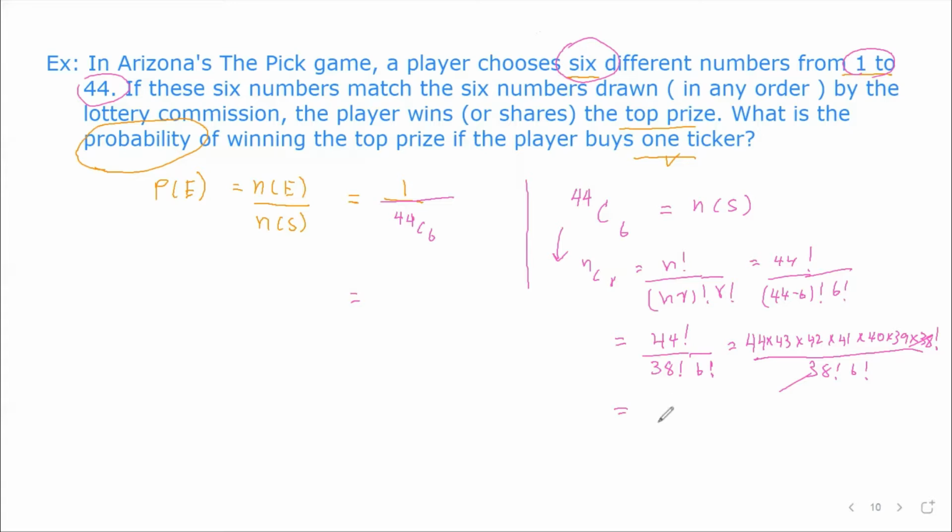Or you use a calculator right away. If we use a calculator, this is going to be really large. 44C6 equals all these numbers typed in and divided by 6 times 5 times 4 times 3 times 2 times 1. So we have 7,059,052.